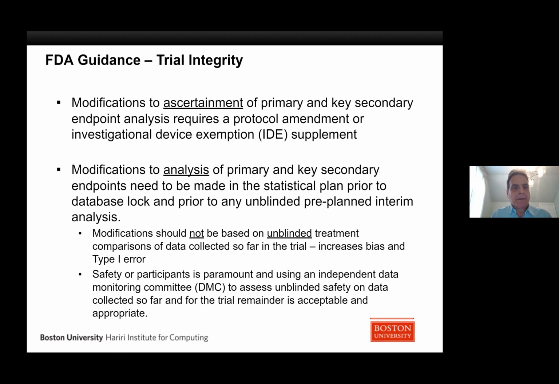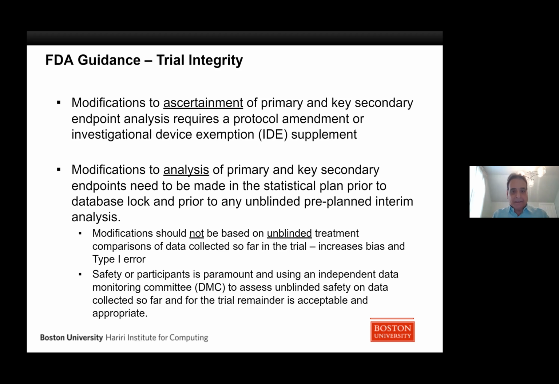So one of the points in the guidance is trial integrity. If you are going to make modifications to the ascertainment, to the collection of the primary and key secondary endpoint analysis, and we'll talk about how those ascertainment modifications might be made in a second, it does require a protocol amendment or an investigational device exemption supplement.